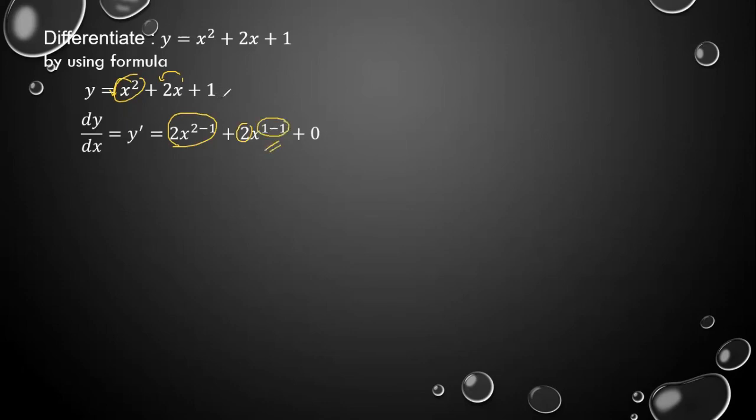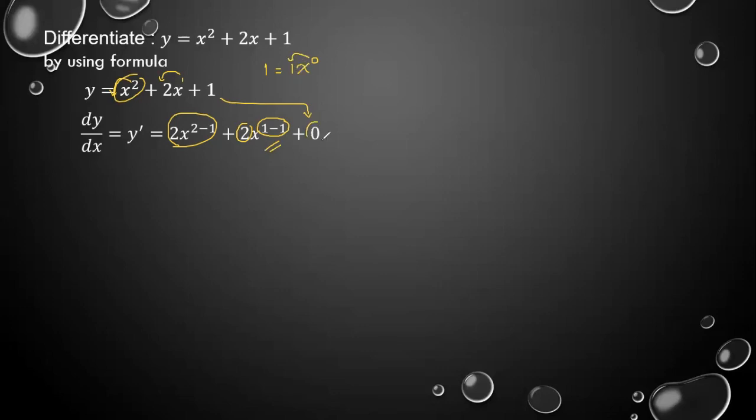So why is the differentiation of 1 equal to 0? I want to show the process. 1 actually equals 1x to the power of 0. Can you agree with me, right? Okay. Now we're going to differentiate this term. 0 times 1 is 0, right?